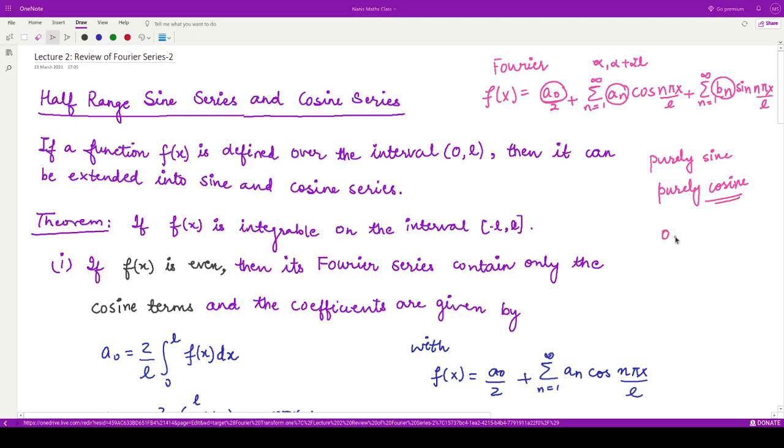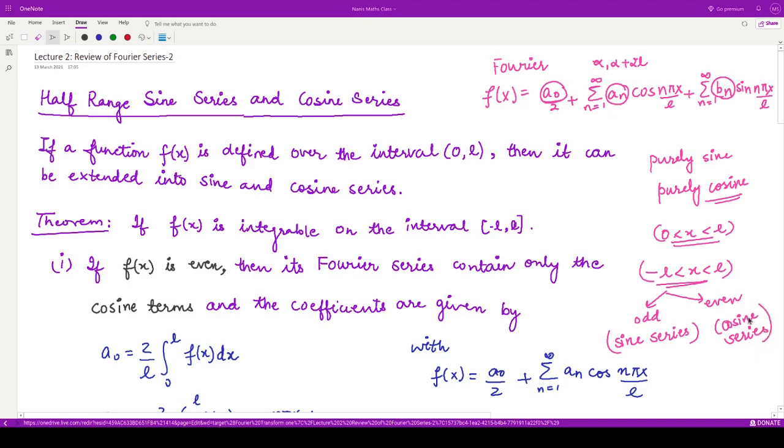Suppose the function is given in the interval 0 to L. We extend this interval, say from minus L to L, such that the function becomes odd or even. If the function becomes odd, we have the sine series, and if the function is even, we have the corresponding cosine series. Let us see how it appears and why this is so.